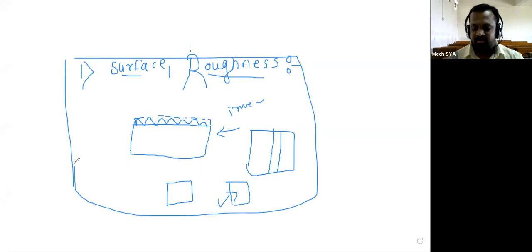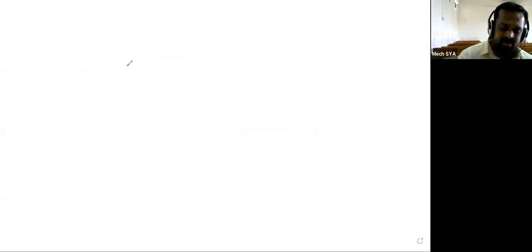Okay, you have to remember. Then our next point, just the simple definition for your better understanding: the surface roughness is nothing but it is the irregularities on the surface of the machine component. Then our main point is surface roughness symbol.